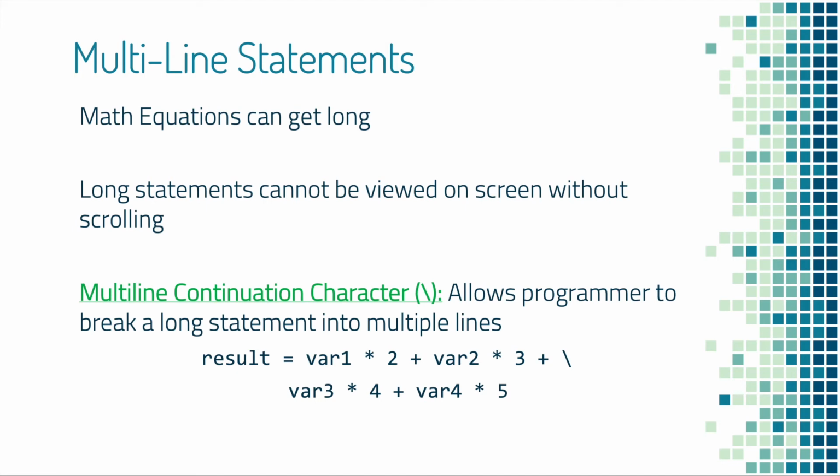So now what we can go on to is, these math equations are going to get very long. So instead of trying to write them on one really long line, we can use what's called a multi-line statement to shorten them.